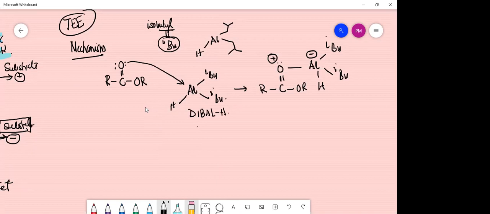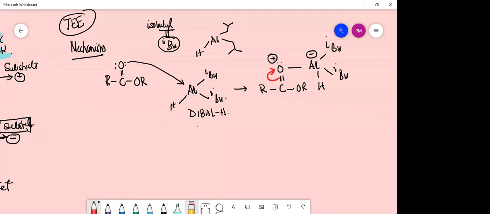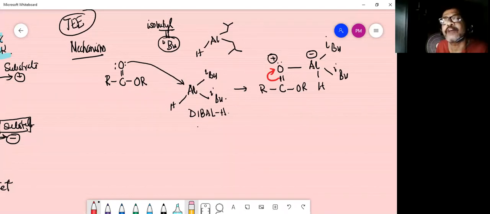Yes, sir. Now, since oxygen is an electronegative element, it doesn't love positive charge. So what is going to happen? This electron pair is going to move out here. And since aluminium doesn't like to have a negative charge, it is essentially going to give this electron out.